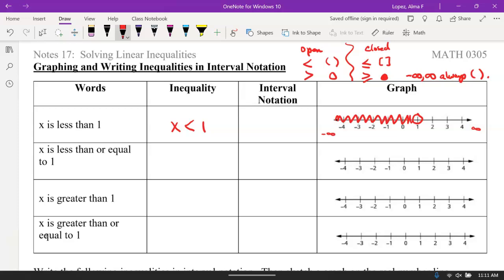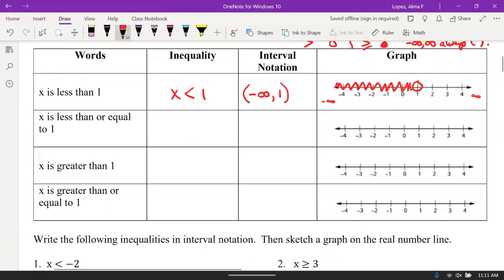Your job with interval notation is to read it like you read an English sentence from left to right. It starts at negative infinity and goes all the way to 1. Infinities have to close with a parenthesis, and the 1 where the shading stops also closes with a parenthesis, but for a different reason, because of the open circle.